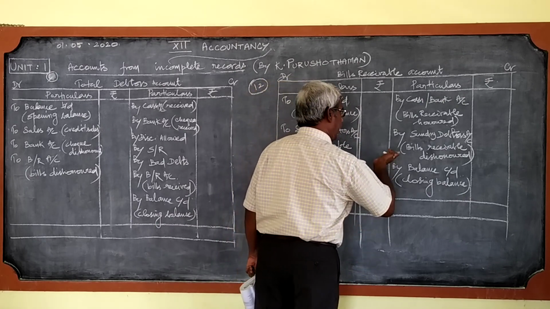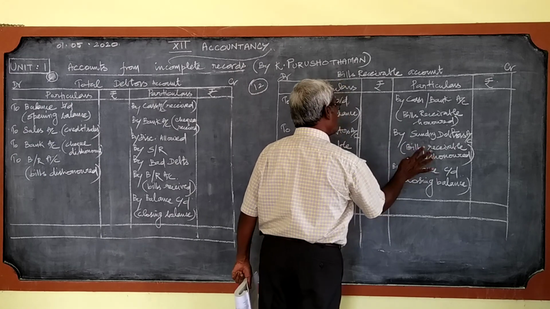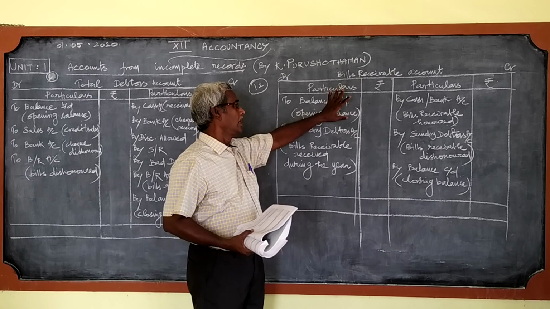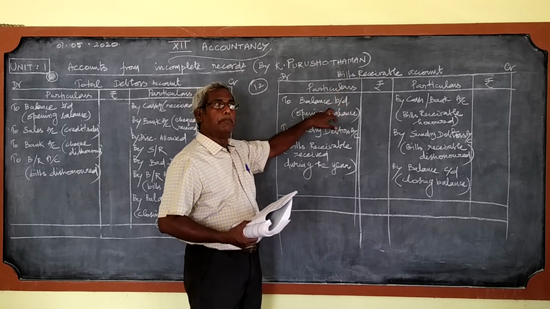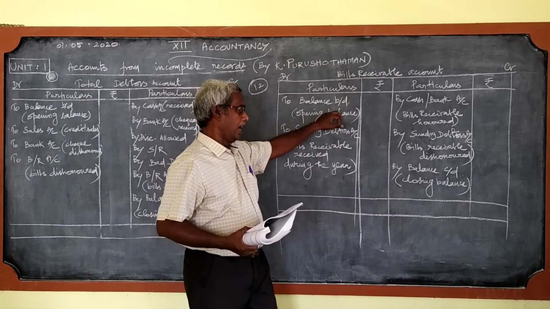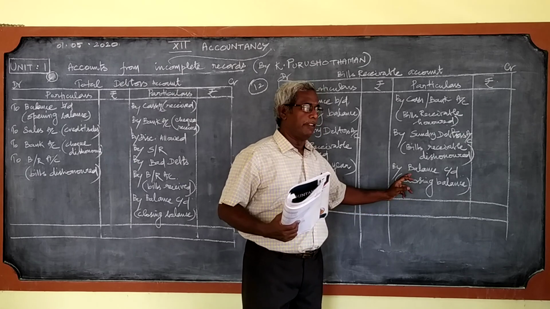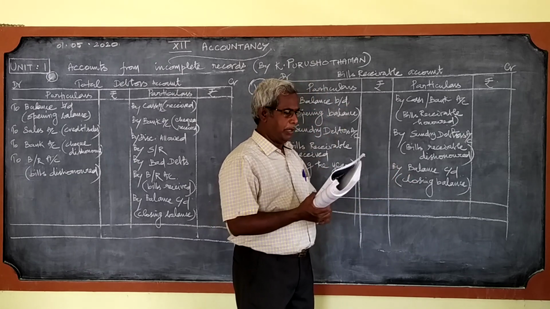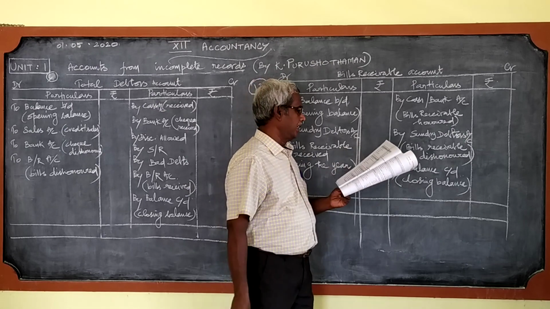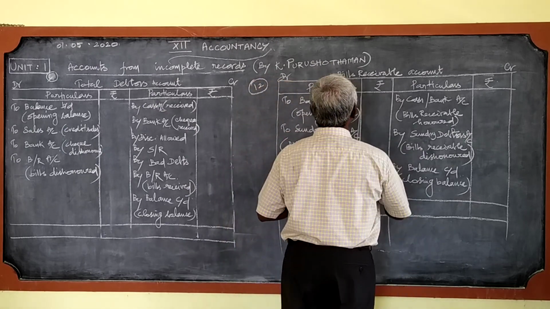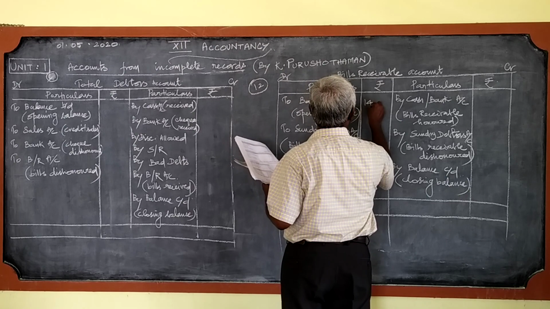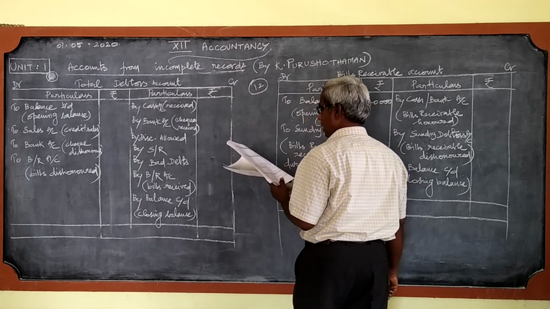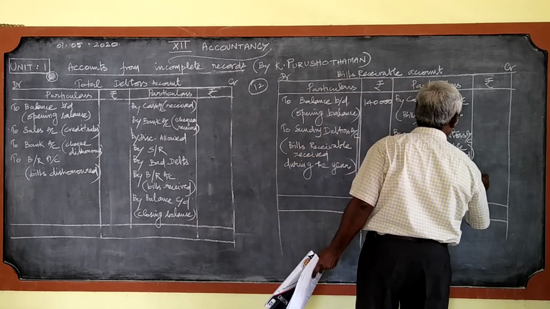If there is any carried down, that is the closing balance. That is bills receivable available at the beginning of the year and at the end of the year. These are the two items. In problem number 12, it is given: beginning of the year 1,40,000 and bills receivable at the end of the year 2 lakhs.